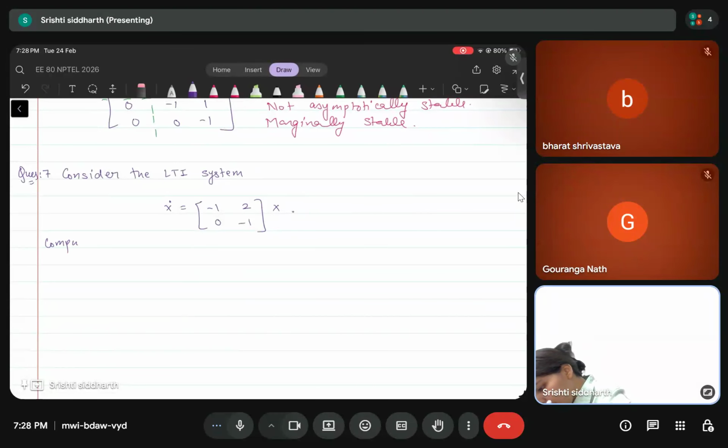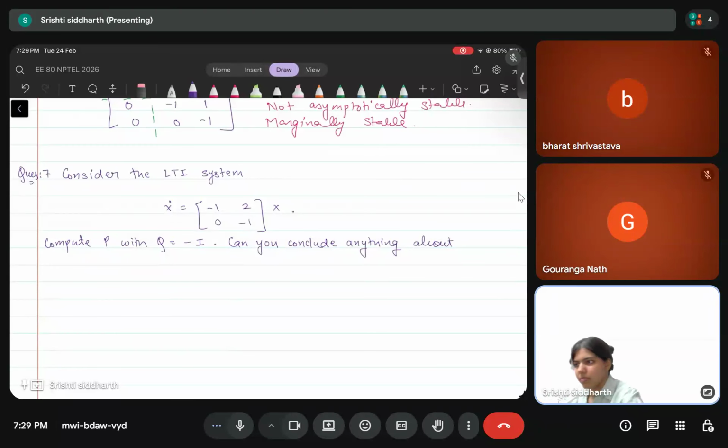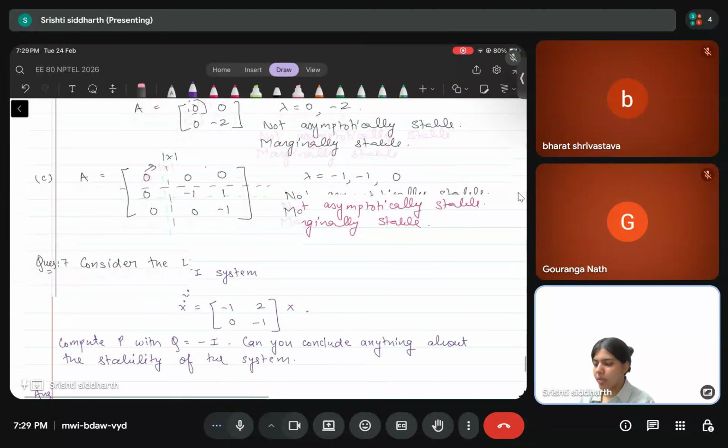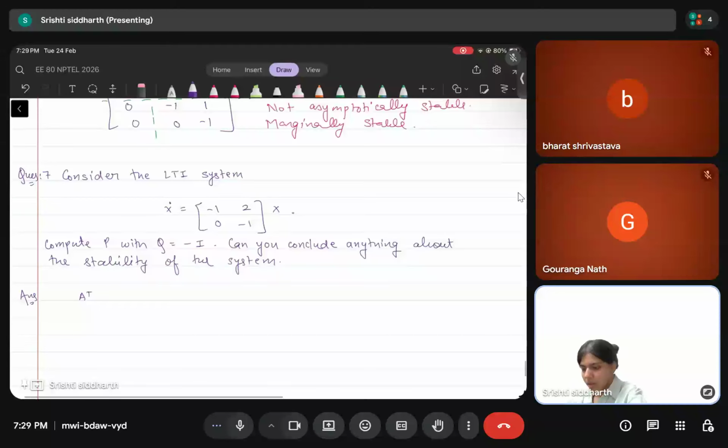So compute P with Q equals I. So instead of computing the eigenvalues, we now have to compute the solution to the Lyapunov equation.